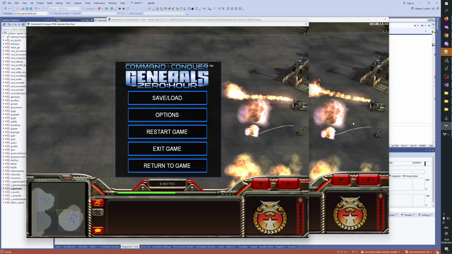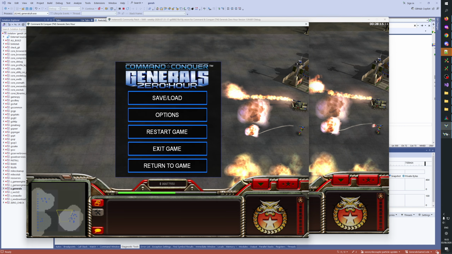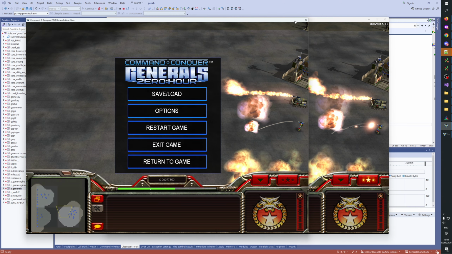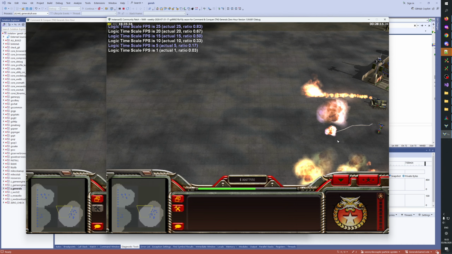So what do we do? Try to align them exactly the same. Should be about the same.